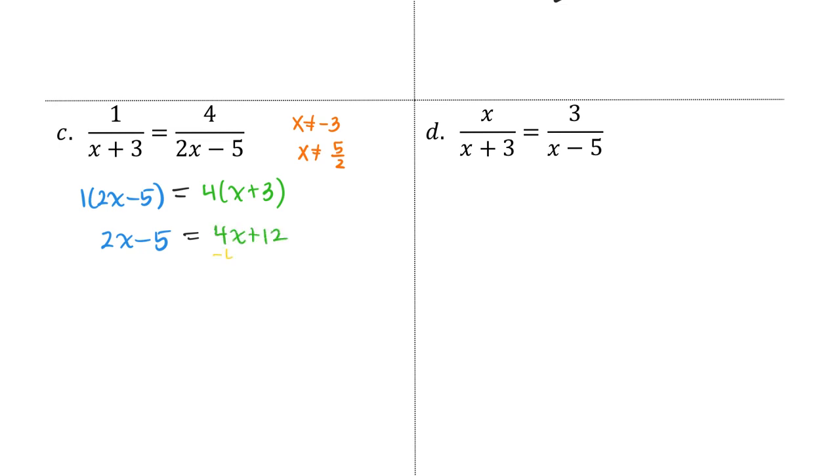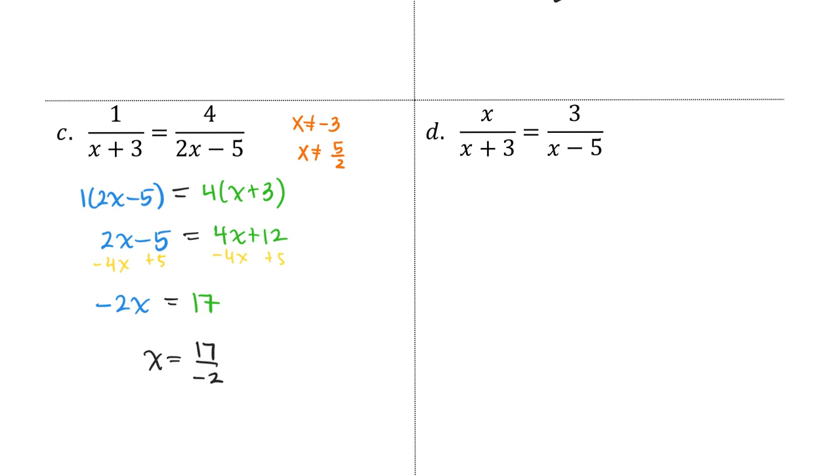I'm going to move the 4x over to here, which is going to give me negative 2x. And then I might as well move the 5 at the same time. So that's going to leave me 17 on the right side. If I divide by negative 2, I get x equals 17 over negative 2.